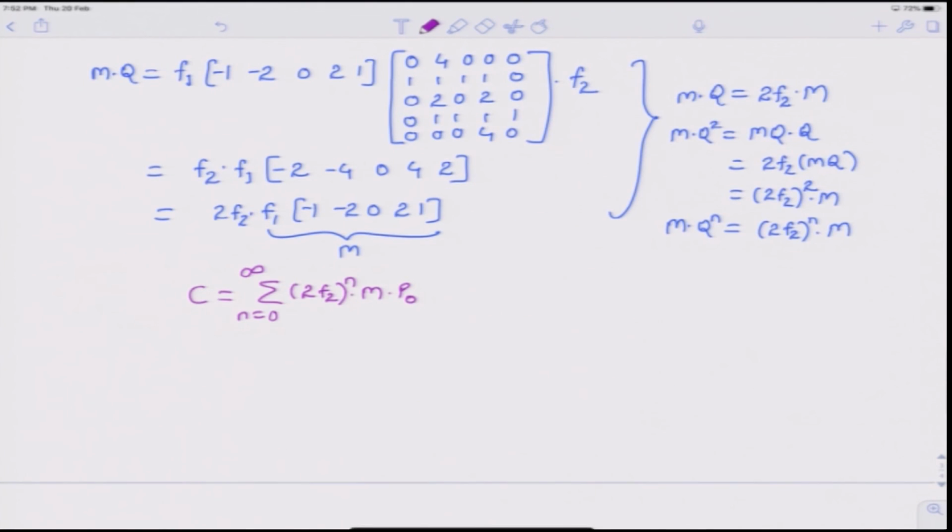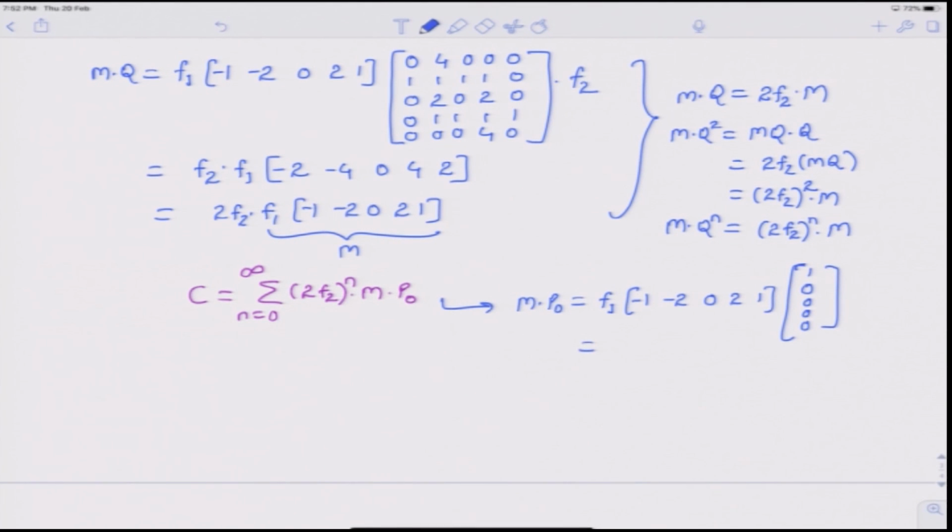Again, if we evaluate M times P0, that should be equal to F1 times [-1 -2 0 2 1], and P0 is nothing but [1 0 0 0 0].